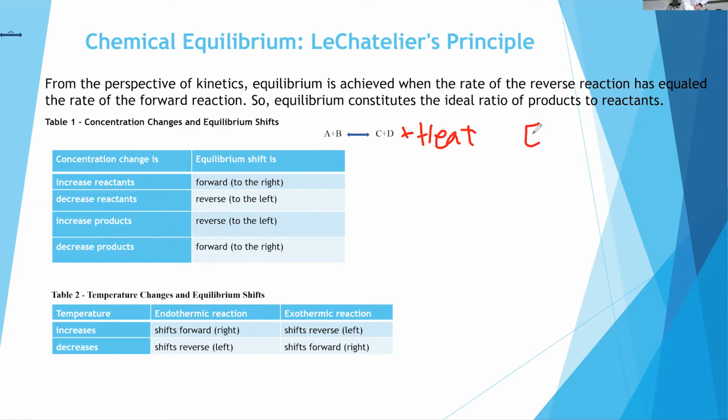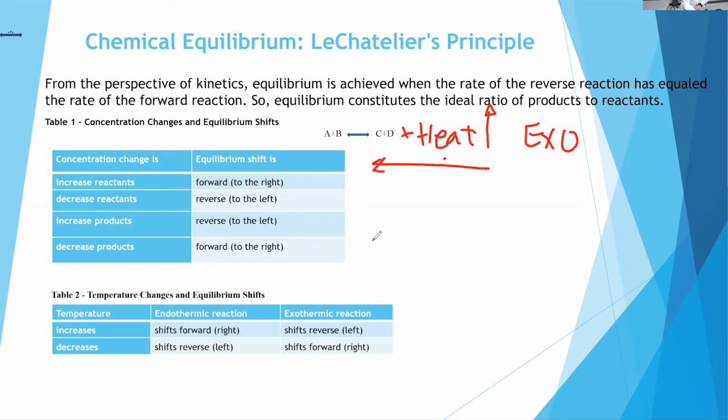So this is the exothermic reaction. If you increase the temperature, what's going to happen? That means you're adding heat. If you add heat, you're adding more product. So this reaction is going to go to the reactant side, so it's going to go to the left. This is for an exothermic reaction.